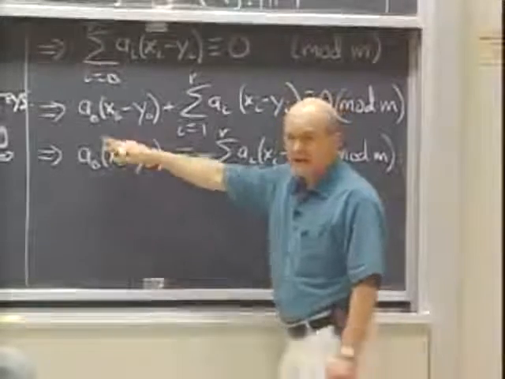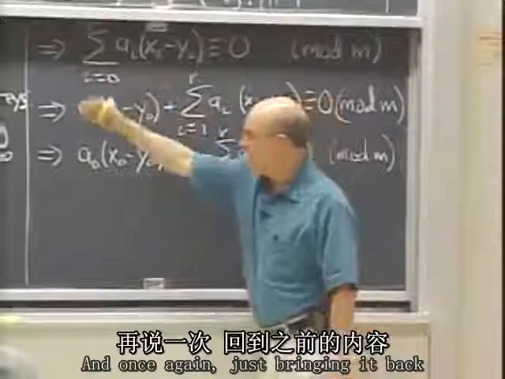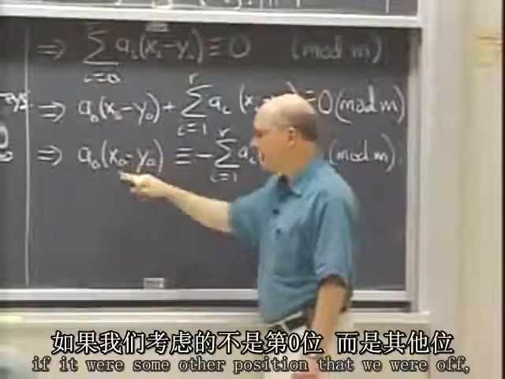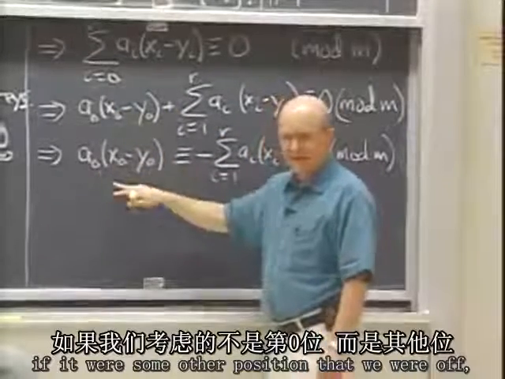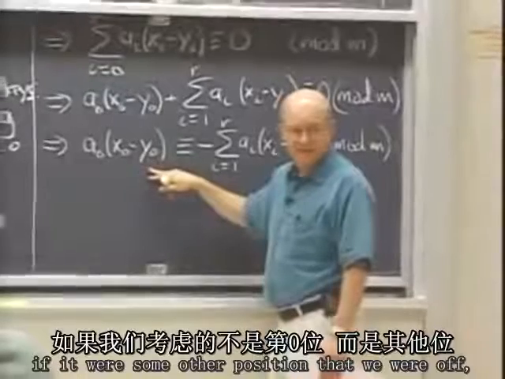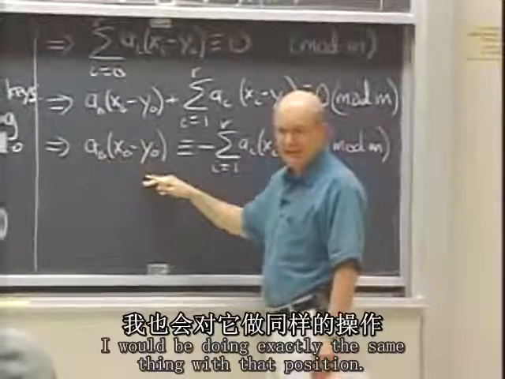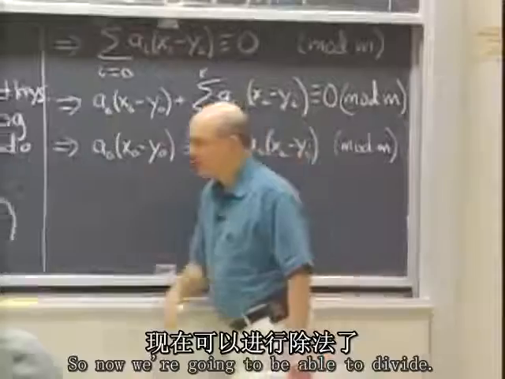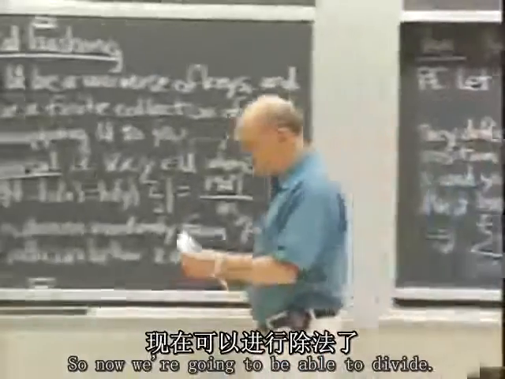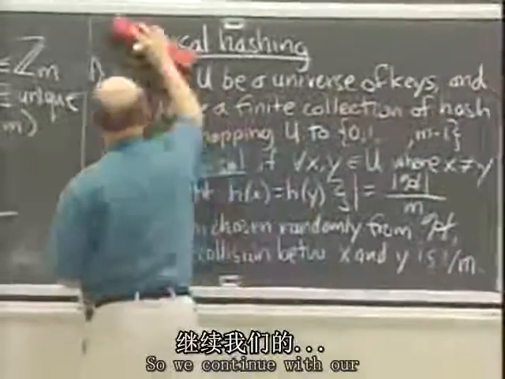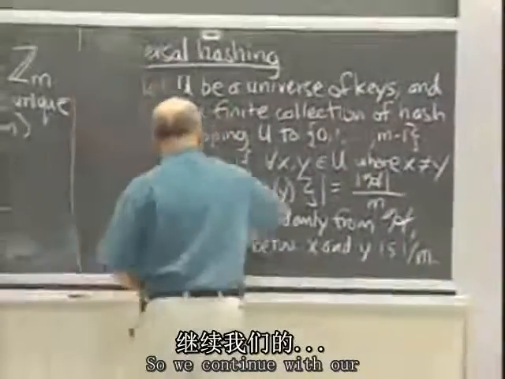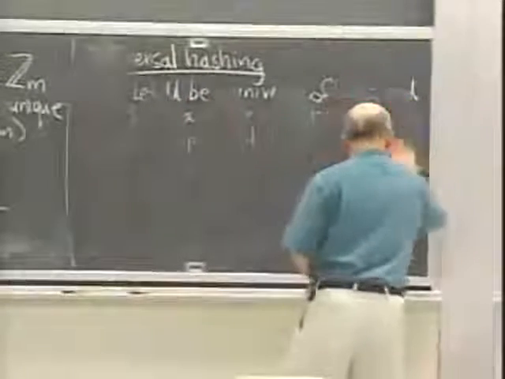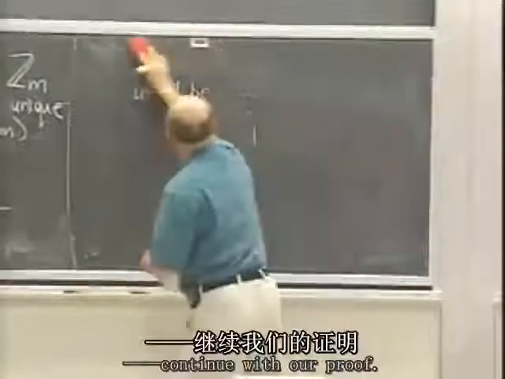And once again, just bring it back to the without loss of generality. If it were some other position that we were off, I would be doing exactly the same thing with that position. Okay, so now we're going to be able to divide. So we continue with our proof.